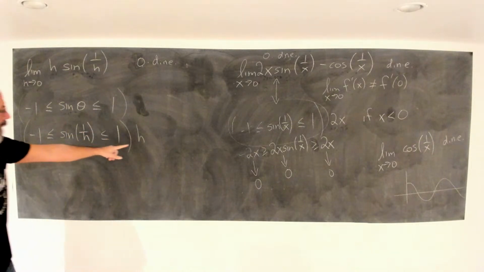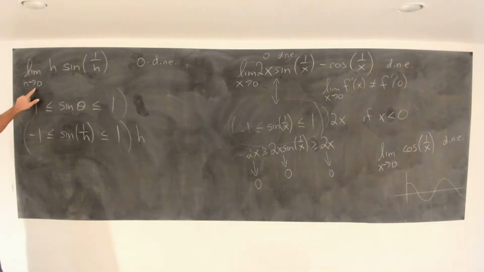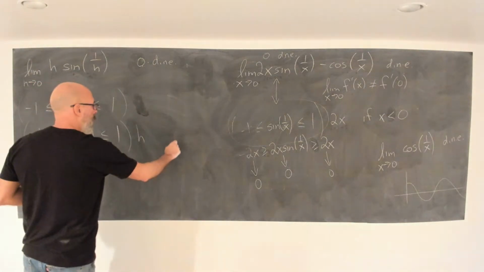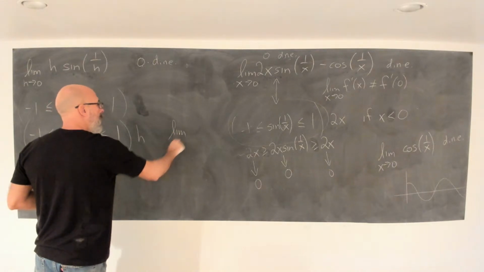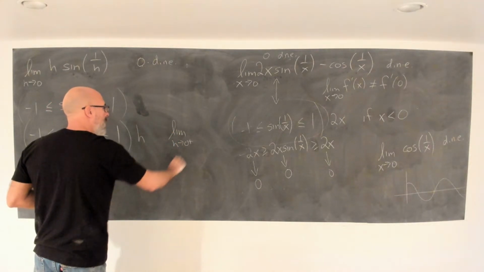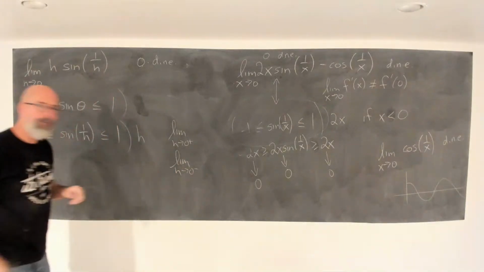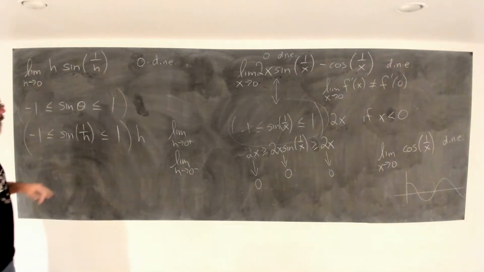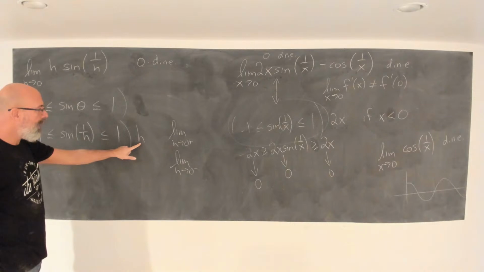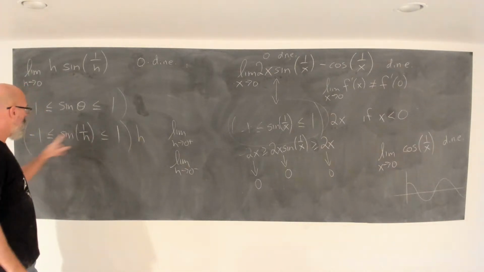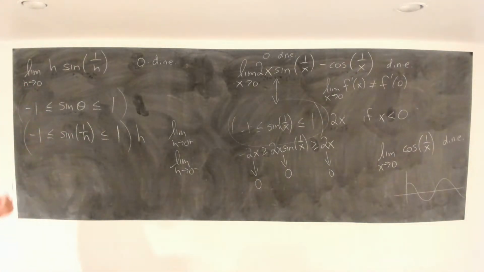The product is going to depend on what h is. We're taking the limit as h goes to 0. So we're going to have to break this up into limit as h goes to 0 from the right and limit as h goes to 0 from the left. Because when you multiply by h, the sign may change depending on whether h is positive or negative.